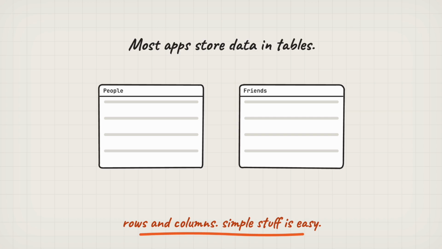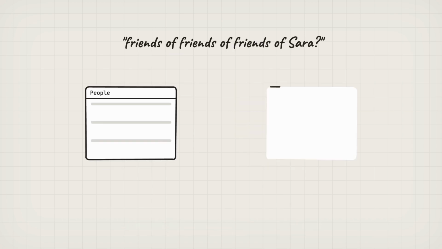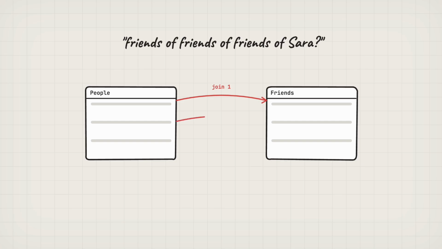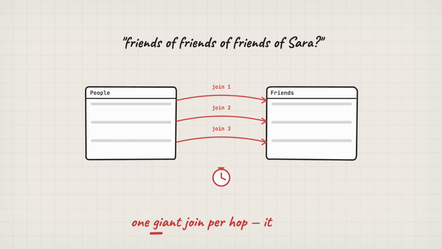People in one table, friendships in another. And that works completely fine when you are asking simple stuff like, what's Sarah's email? But now ask a different question. Who are the friends of the friends of the friends of Sarah? Three hops out.